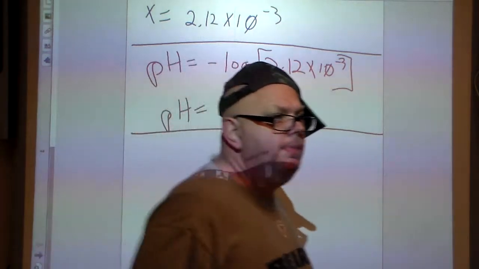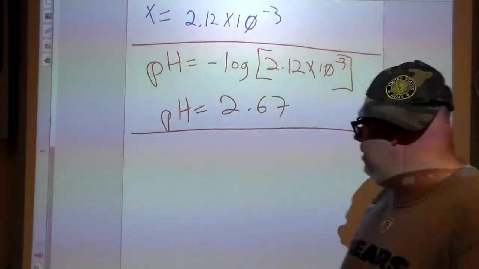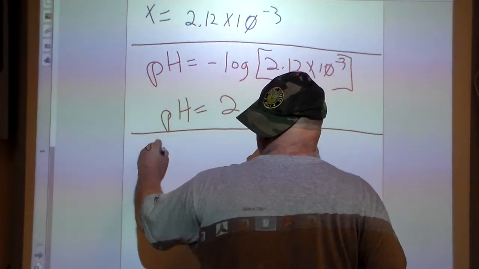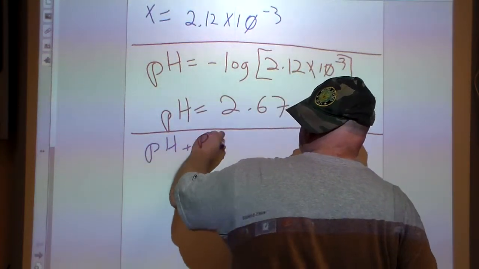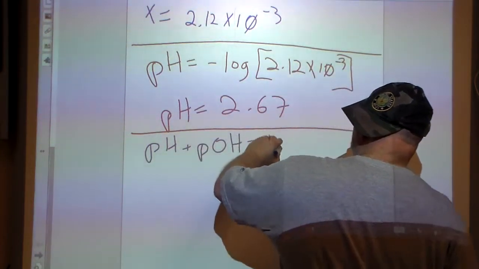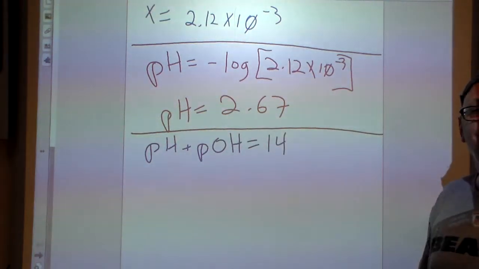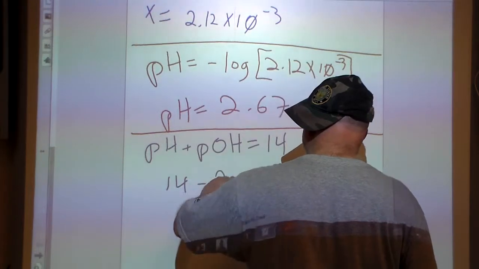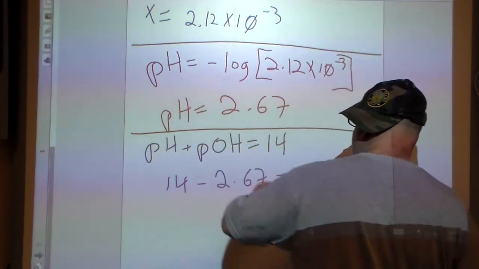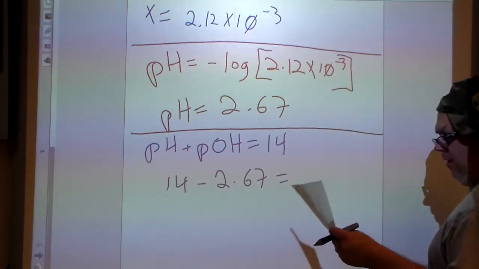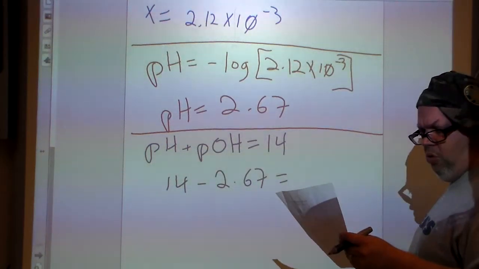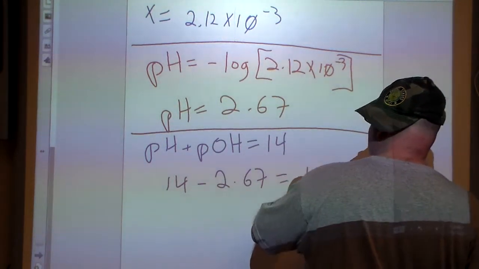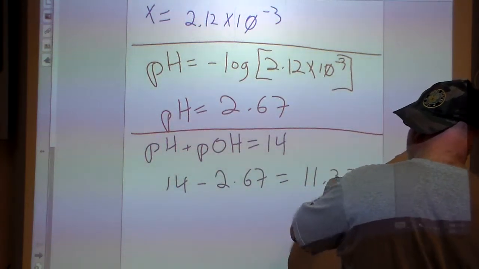Awesome. What about pOH? pOH is going to be easy, because remember, pH plus pOH is equal to 14. So 14 minus 2.67 is going to equal 11.33.